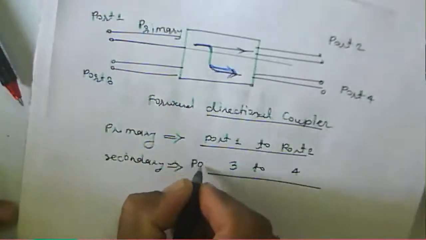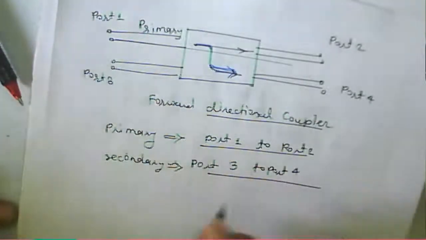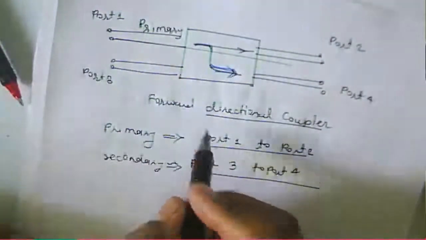In the secondary waveguide, when we provide the input to port 4, your power is coupled.